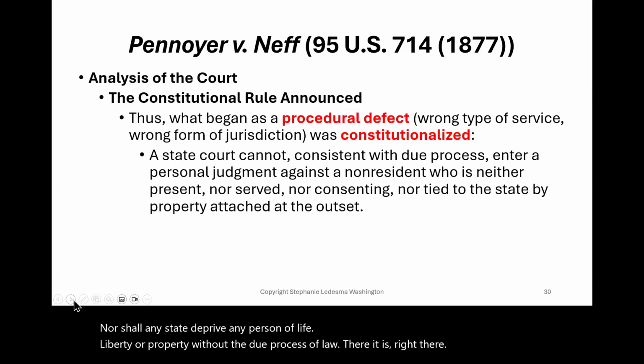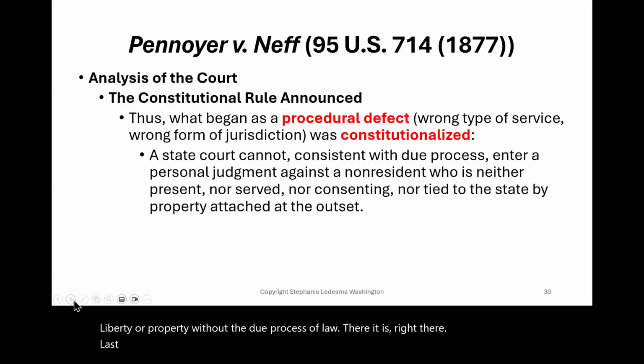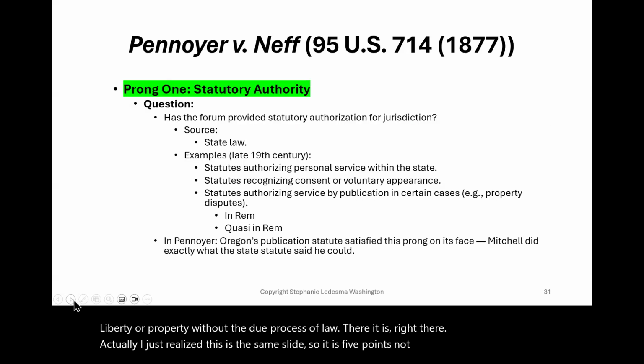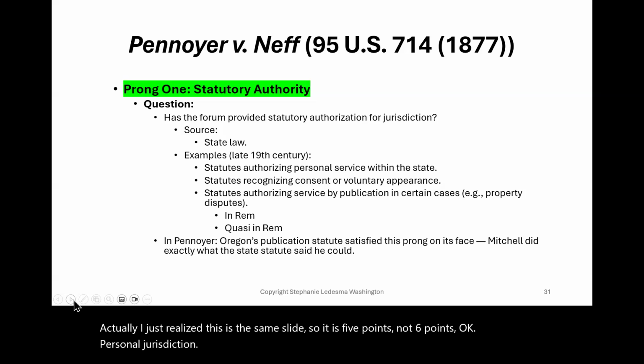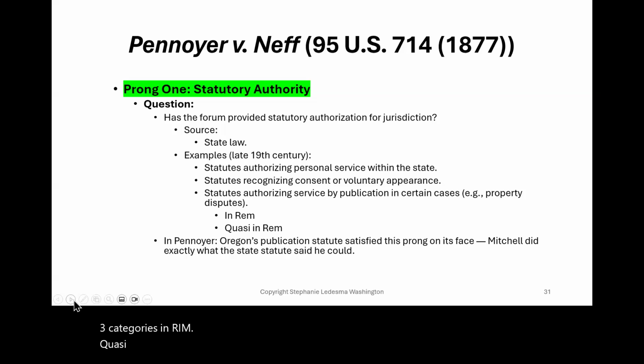Last point. Oh, actually, I just realized this is the same slide. So it is 5 points, not 6 points. Okay. Personal jurisdiction, 3 categories: in rem, quasi in rem, and in personam. In personam requires more than in rem or quasi in rem.